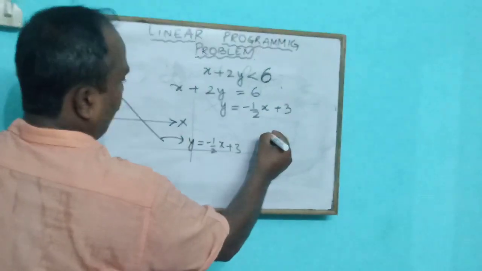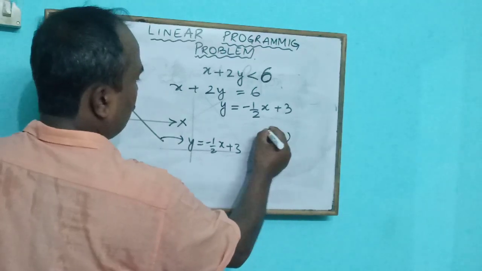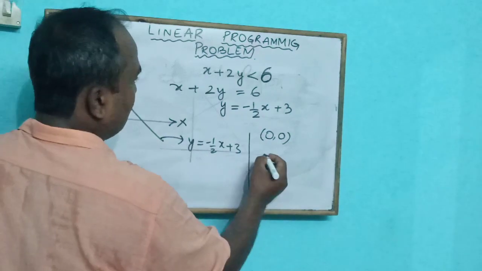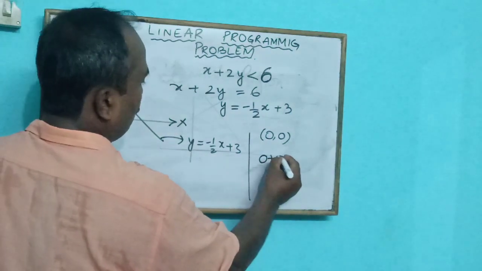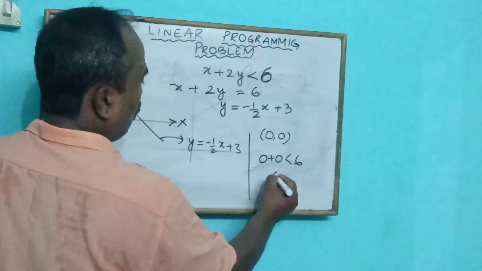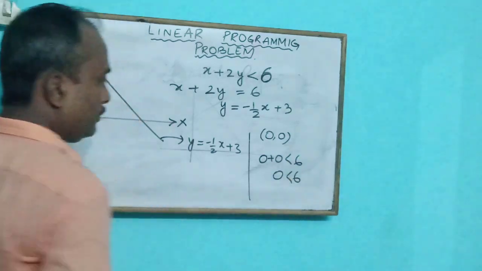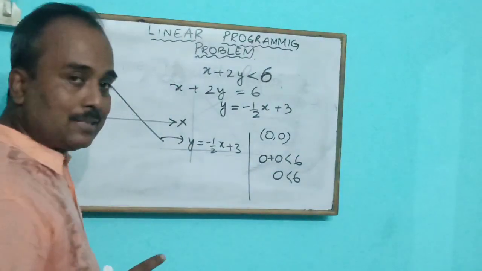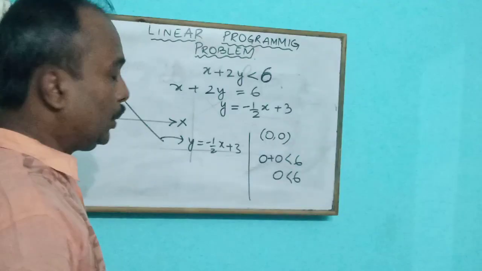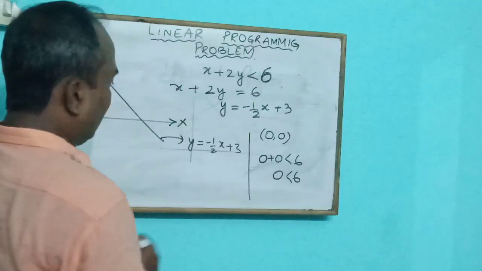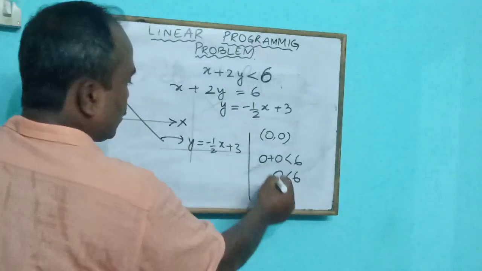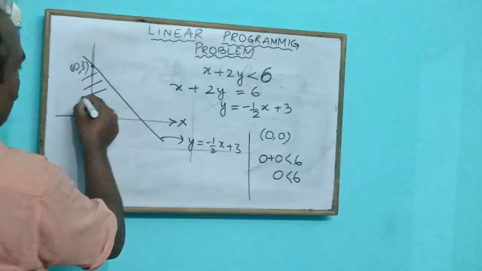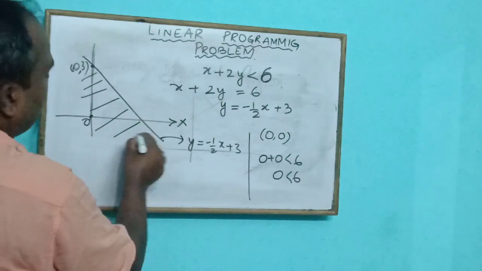So, if I take the point 0, 0 and place it in this inequality, we will get 0 plus 0, which is less than 6, or 0 is less than 6. Now, 0 is less than 6 is obviously a true statement. It is a true inequality. So, since it is true, we shade the portion towards 0.